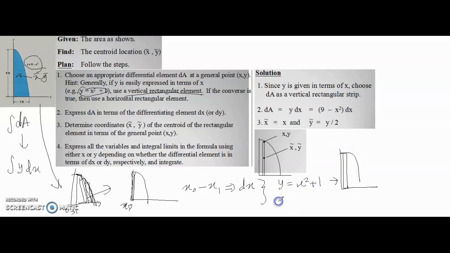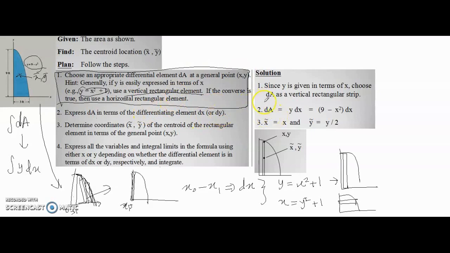If let's say you are using the function of x in terms of y squared plus 1, then you need to use the horizontal rectangle element. So that's the first step you need to apply when you want to do such analysis: decide whether to use the vertical or horizontal rectangle element.